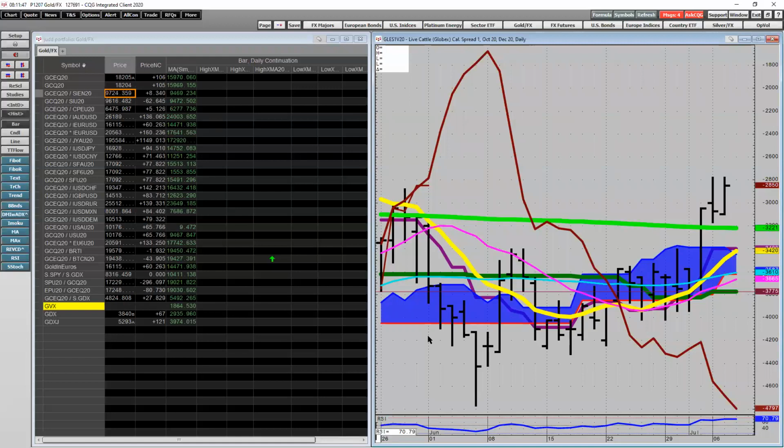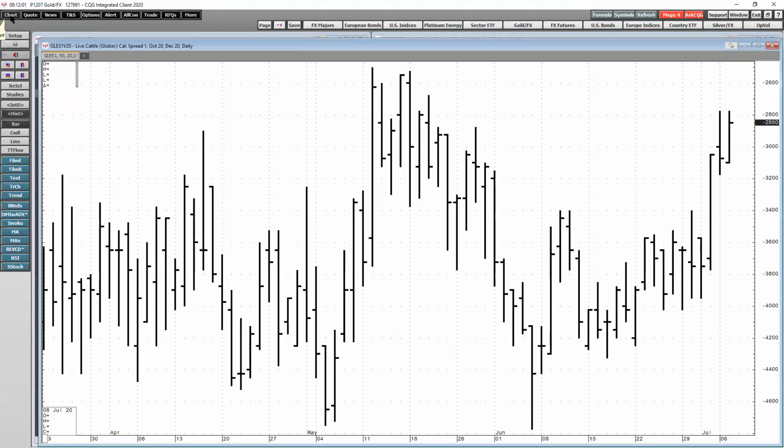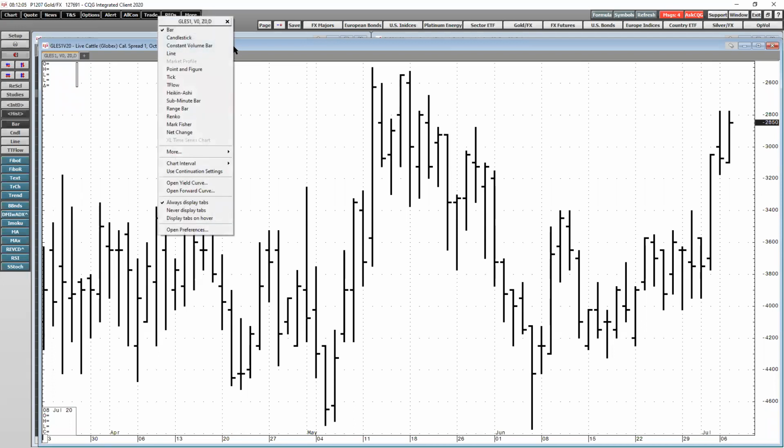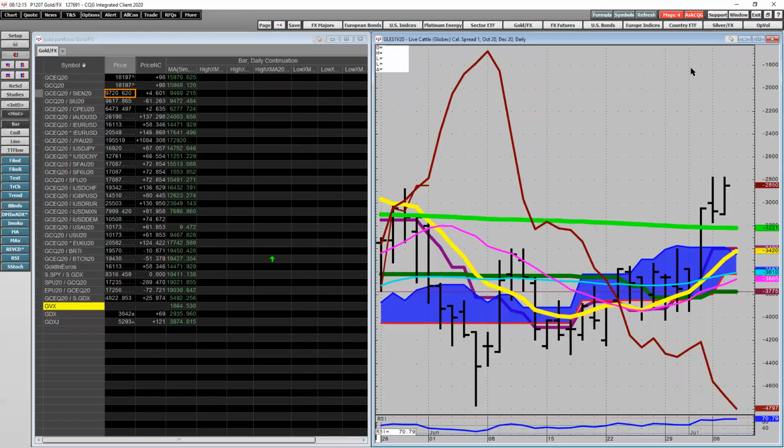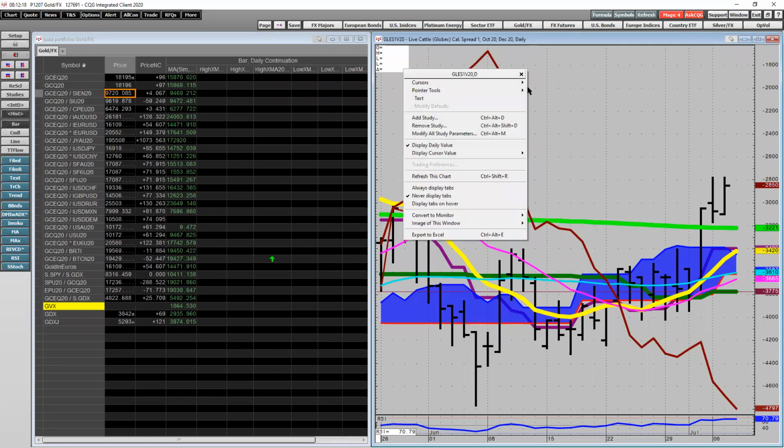Now you can also go up to your chart button all the way on the left, and right click on the top of the chart, and let me see, can I get to it from here? No, let's close this one, close the chart, and right click on the, let me see, hold on a second.